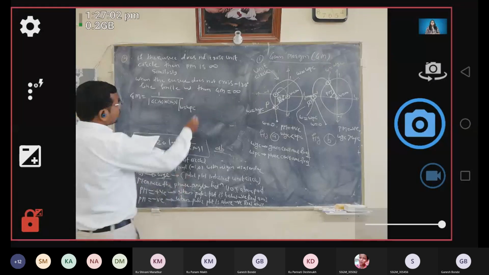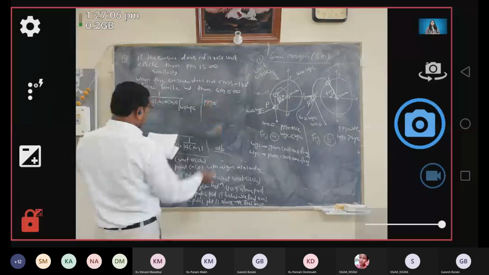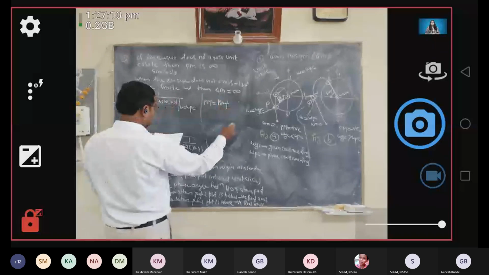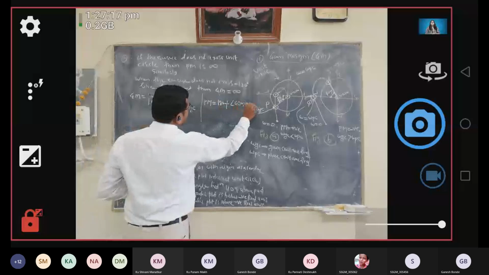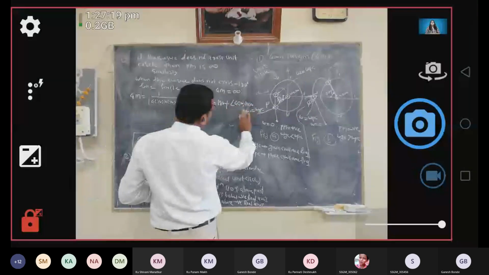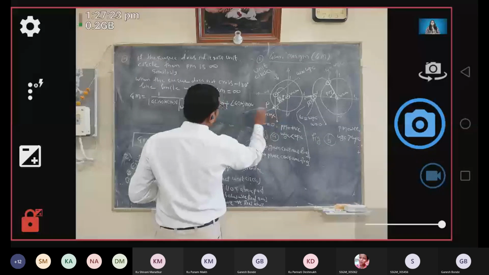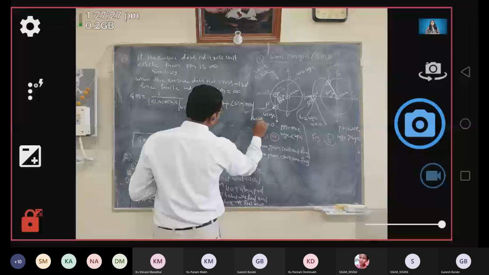And for phase margin, the analytical formula is 180 plus the angle of G of j omega into H of j omega at omega equal to omega GC.